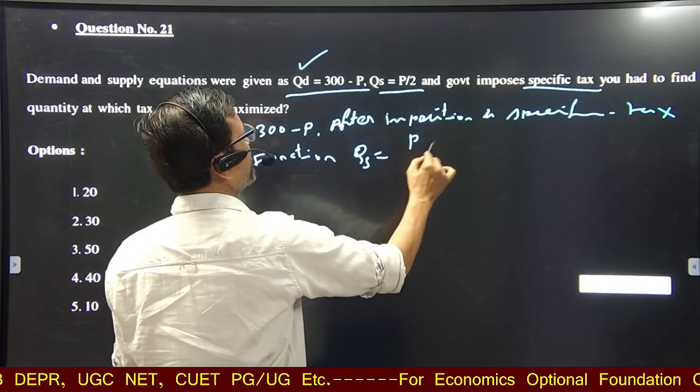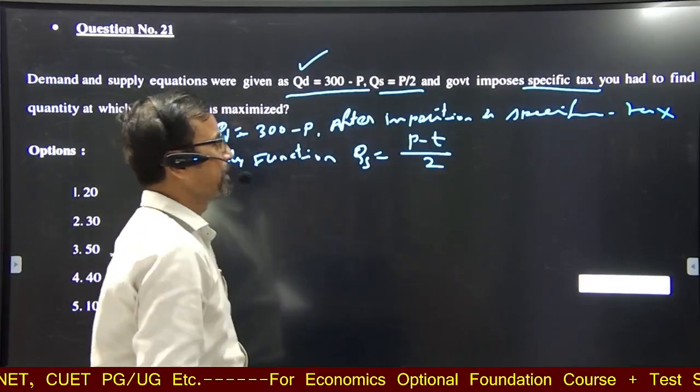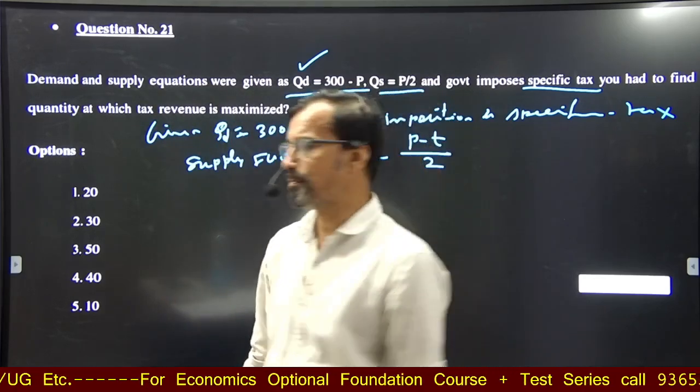So here it will be P minus T divided by 2. It will be the supply function after imposition of the specific tax.